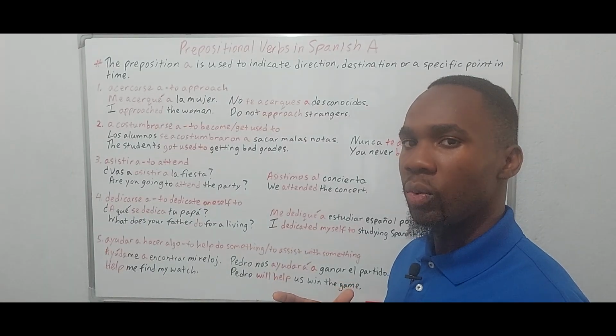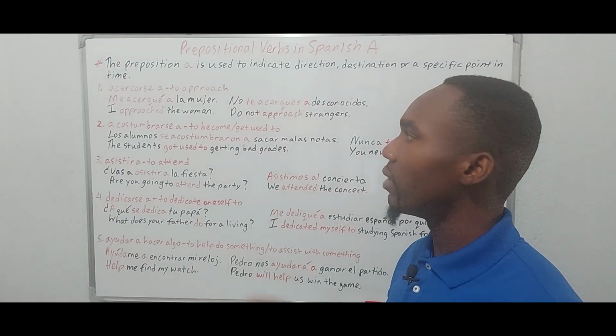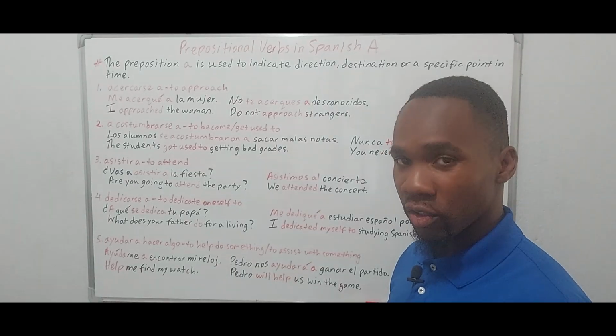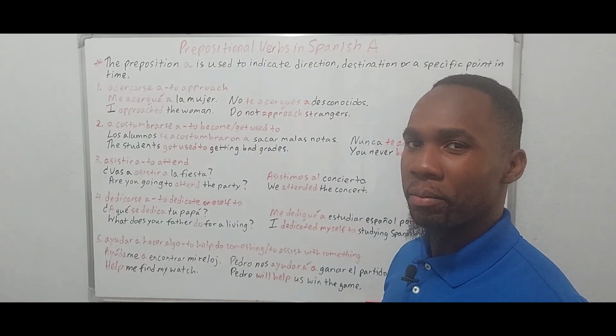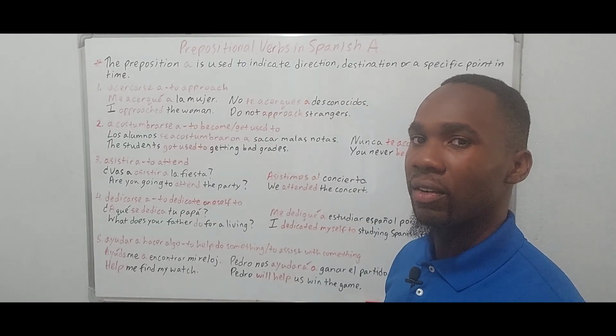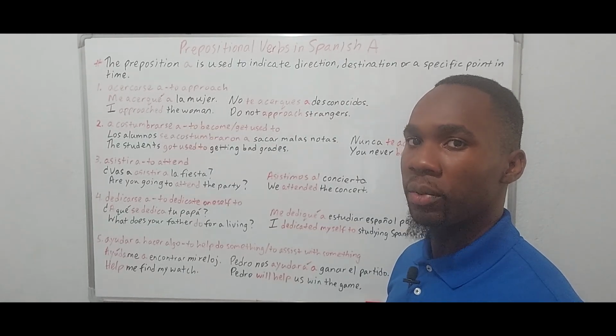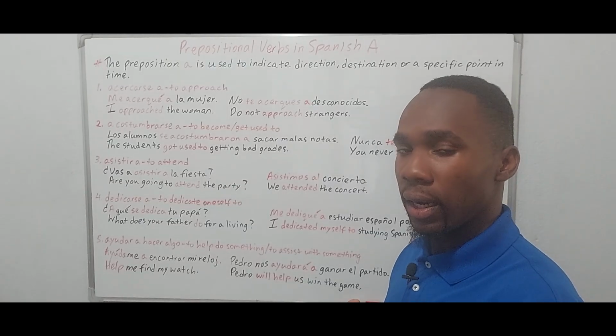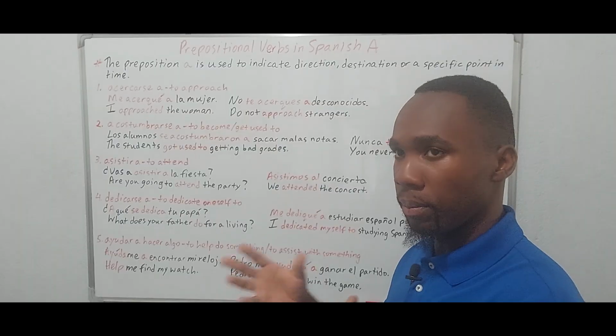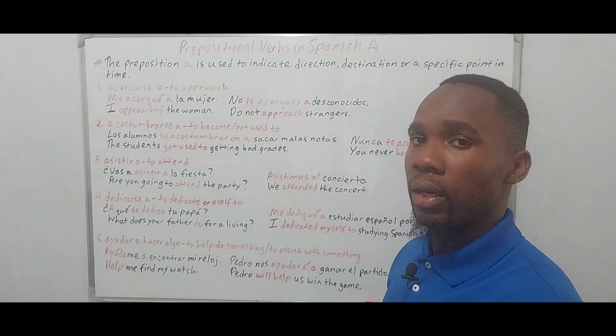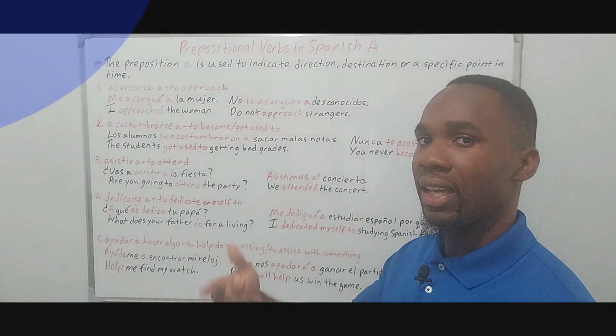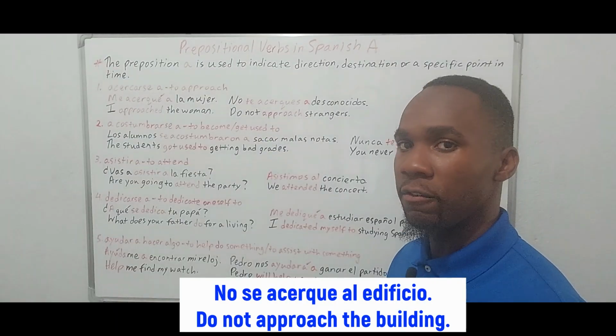So, you would have realized that in these two examples, I utilized persons as the object. But I do not necessarily only have to use persons. I could use things as well. I could say, no se acerque al edificio.